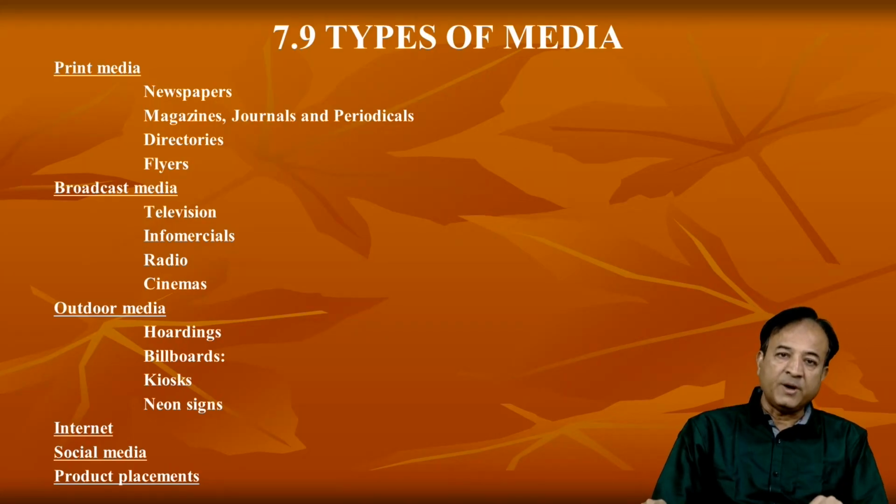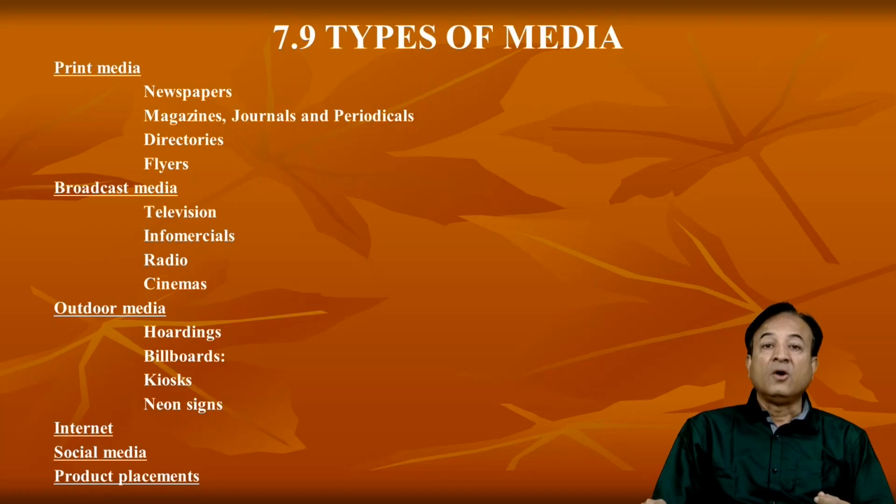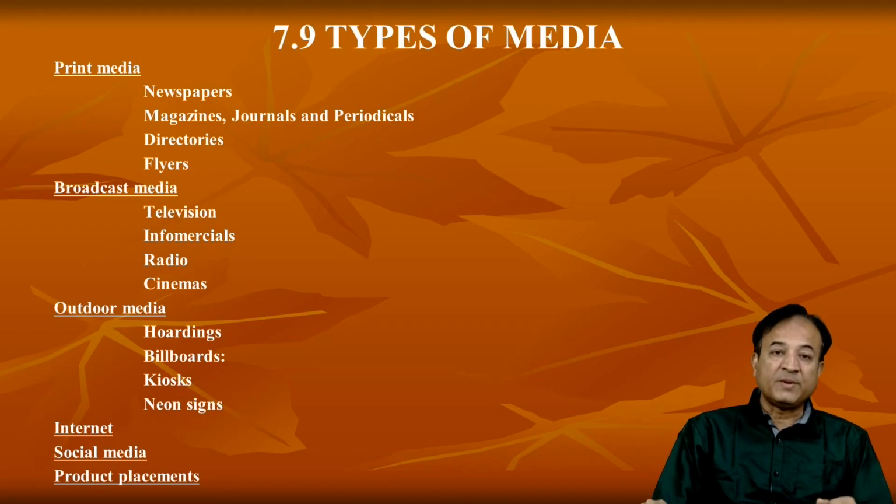First one is print media. As the name itself suggests, it is a printed form of publicity or advertising. It is one of the more popular methods of advertising. Print media is considered to be one of the more traditional mediums. It includes newspapers, magazines, journals, directories, etc. Second, newspaper.